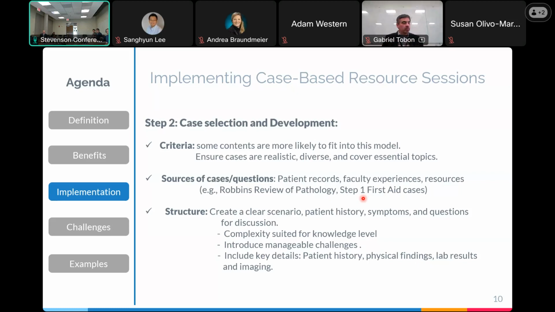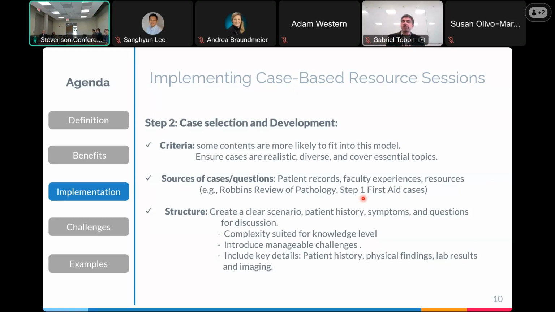The complexity, once again, has to be according to the level of presentation, with challenges. And that's extremely important. So if you're covering antibiotics, for example, you can modify the questions with challenges. What if the patient has an allergy to this antibiotic? What are you going to do if the patient is having an allergy or an adverse reaction? What is the second option?